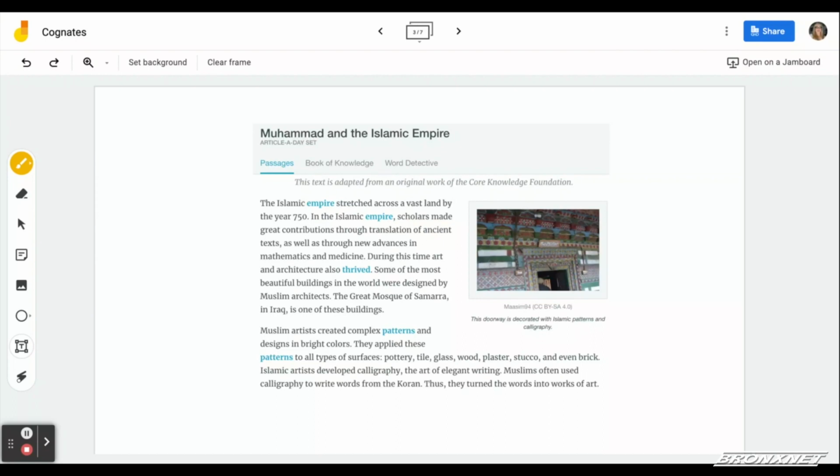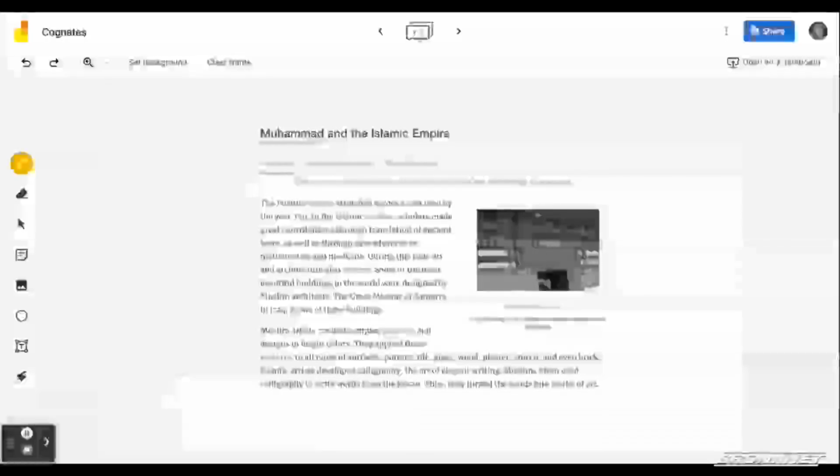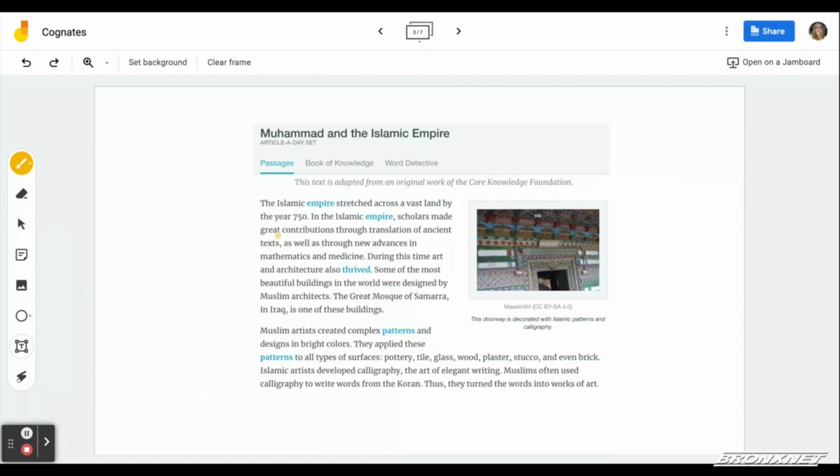The Islamic Empire stretched across a vast land by the year 750. In the Islamic Empire, scholars made great contributions through translation of ancient texts, as well as through new advances in mathematics and medicine.